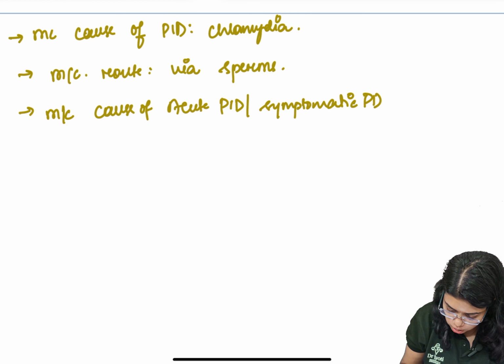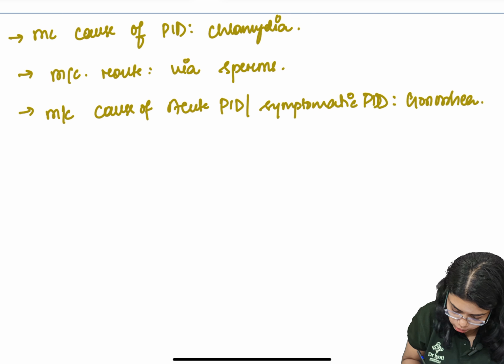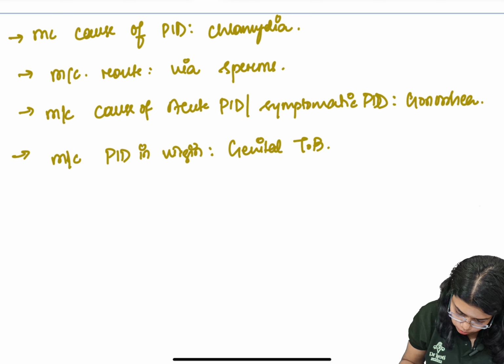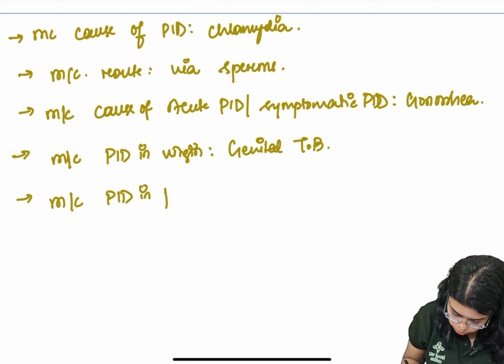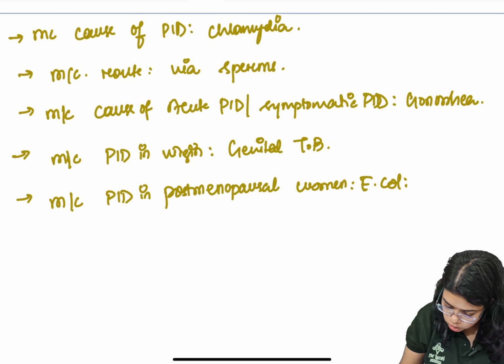That is gonorrhea. It is very painful, or acute PID. Then the most common cause of PID in virgin females is genital tuberculosis. And the most common cause of PID in postmenopausal women is E. coli. So these are the MCQs, these are the questions.